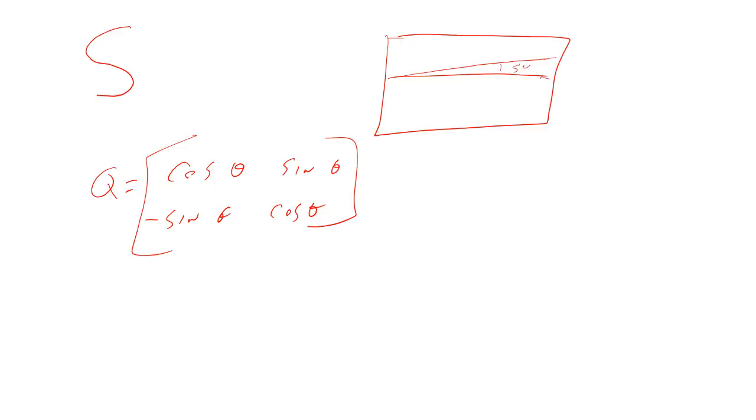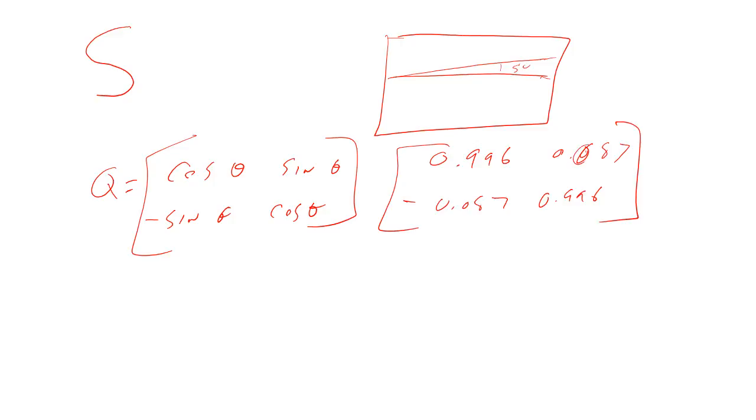Cos theta is pretty close to 1, 0.996, and sine is 0.087. You could use the small angle identity and plug in, or just plug into your calculator.